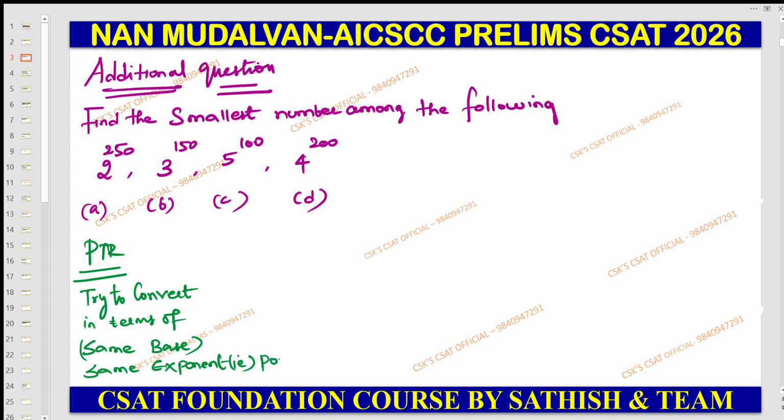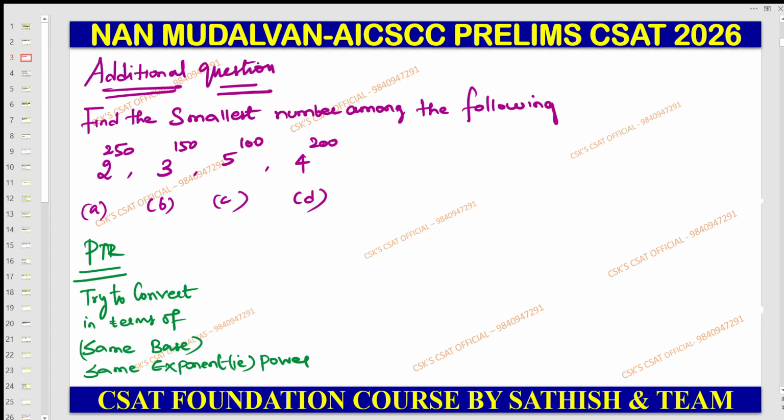Exponent means power. If you are able to convert in terms of either the same base or the same power, then you can easily solve it. After converting, the lesser base is going to be the lesser, and the greater one is going to be the greater.